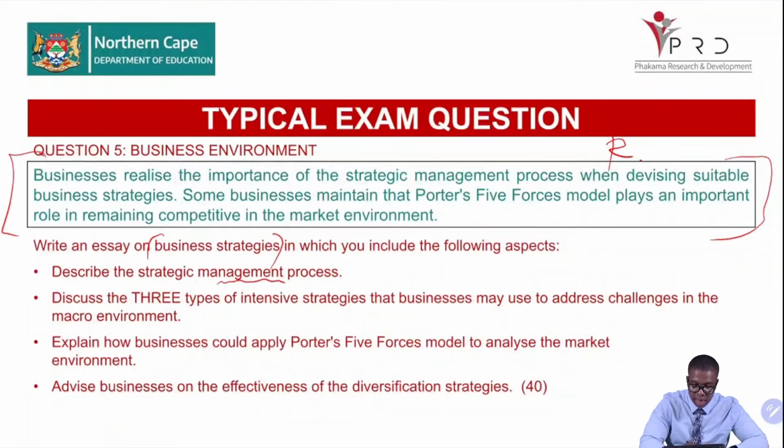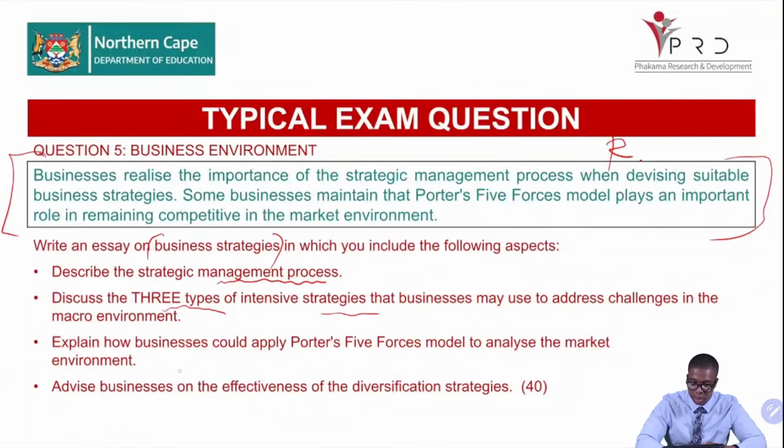You describe the management process, thereafter discuss the 3 types of intensive strategies that the business may use to address challenges in the macro environment, because business strategy is there to make sure that the business will survive in the market environment, because the micro and macro environments are the environments that determine the success of the business.